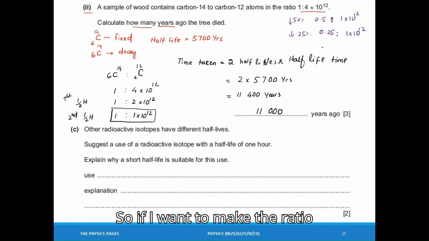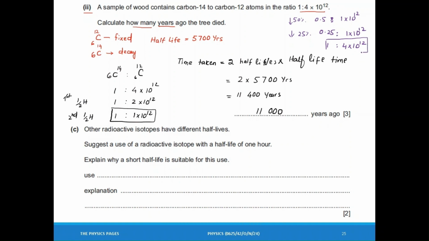So if I want to make the ratio in digit form, I will multiply by 4, giving 1 ratio 4 into 10 to the power 12. That is the ratio given after two half lives.